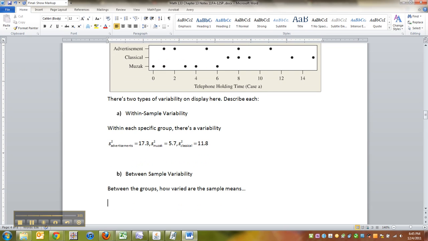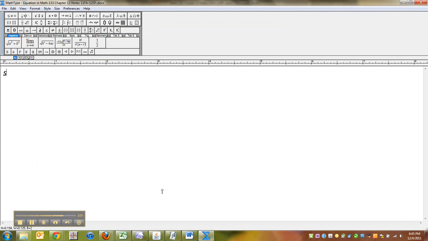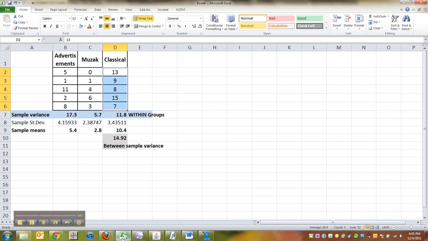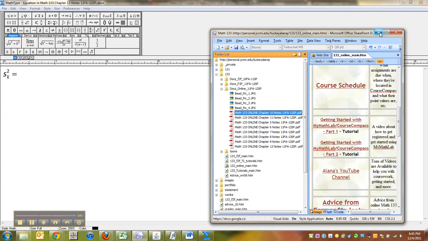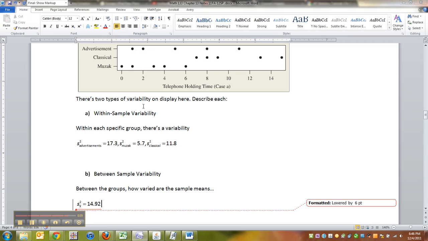In other words, S for the X bars is equal to what I found, 14.92.